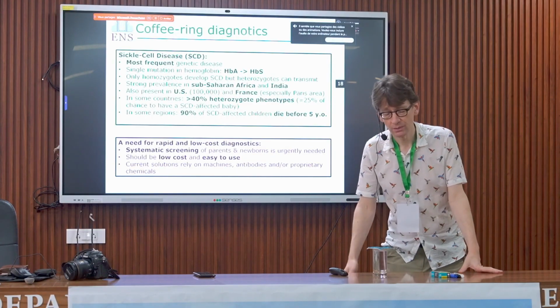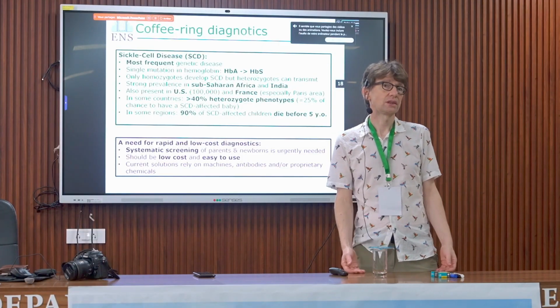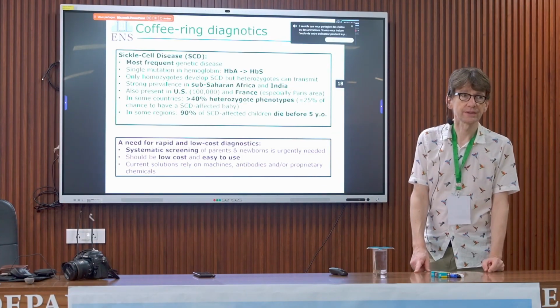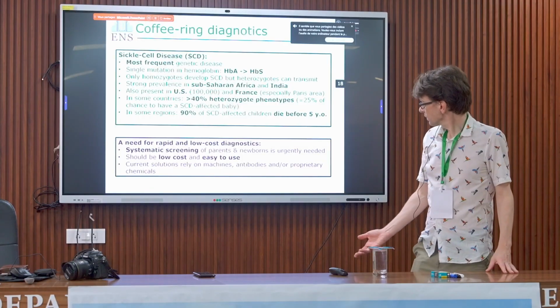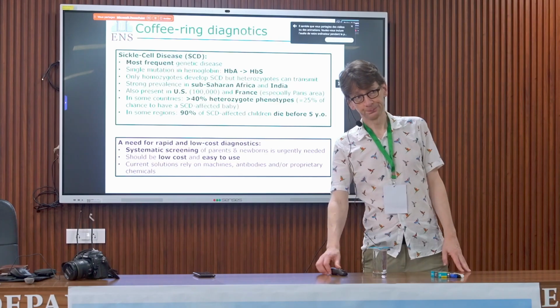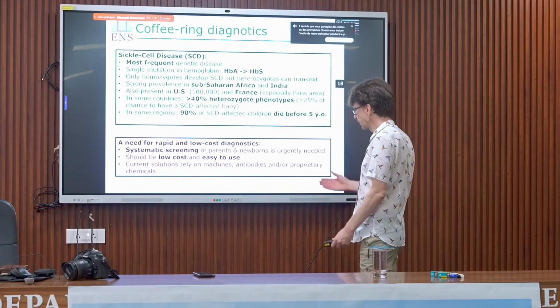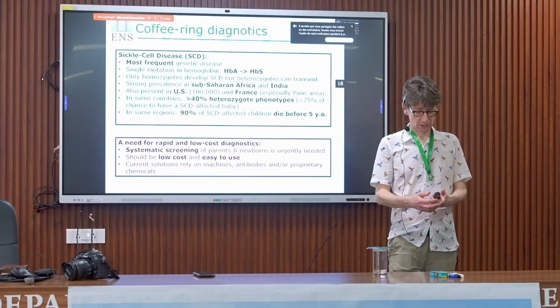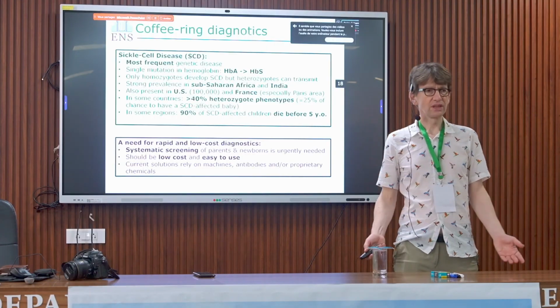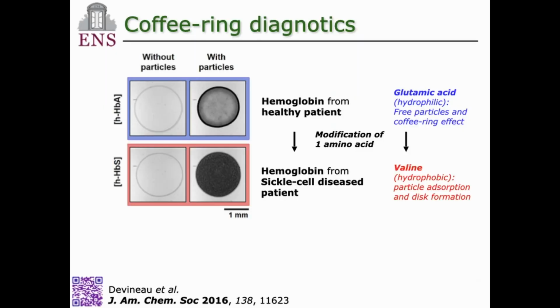Some countries cannot afford systematic diagnostics if one test is a few dollars. So you need to find solutions to make something that could be very cheap. And also, if possible, something that does not rely on a company, so that you can really develop things without relying on a company. So this is what we've done with the coffee-ring effect.